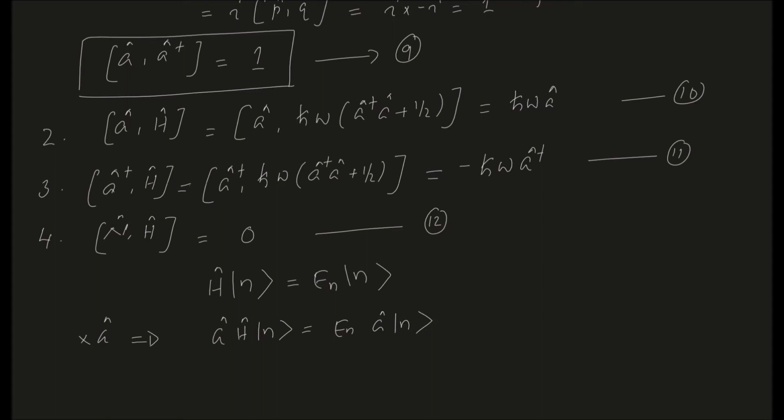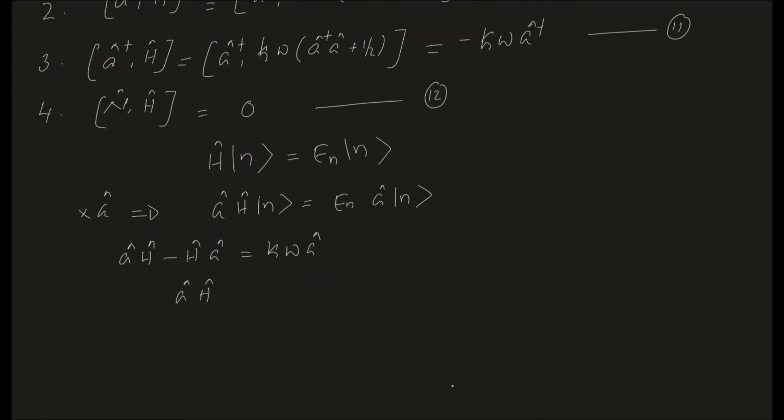Now from our equation number 10, we have seen that the commutation [A, H], in other words AH - HA, is equal to ħω A. So that means AH can be written as HA + ħω A. So this equation can be written as A H |n> equal to, in place of AH, (HA + ħω A) |n>.